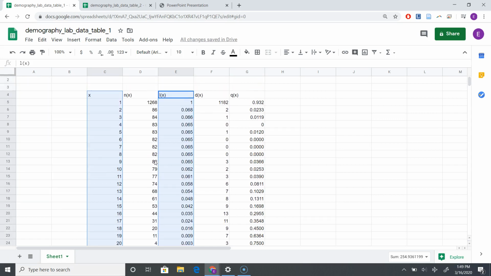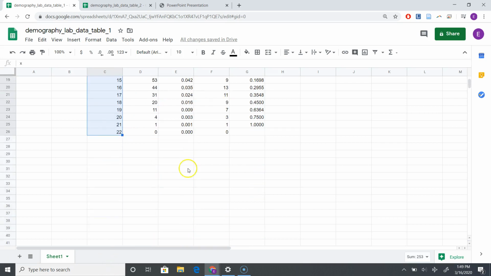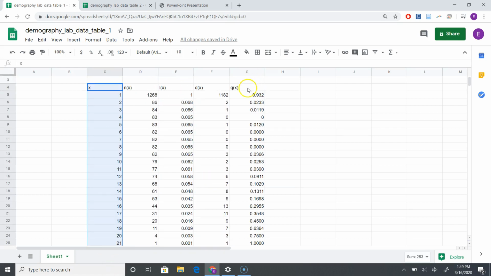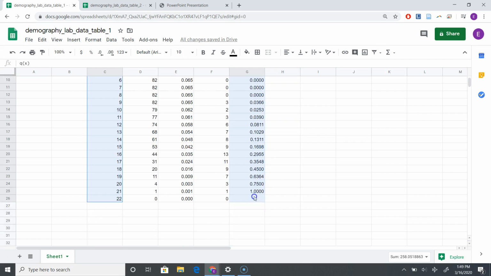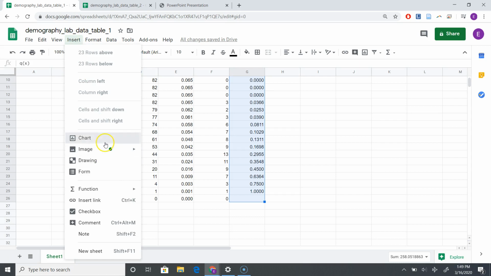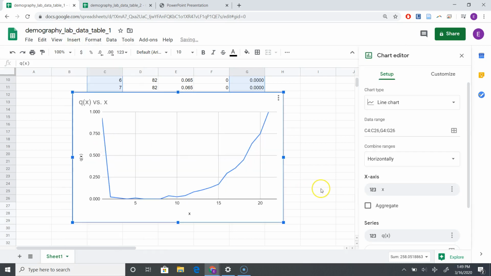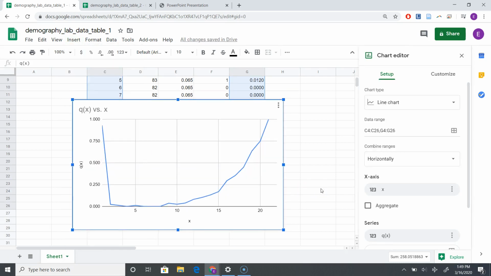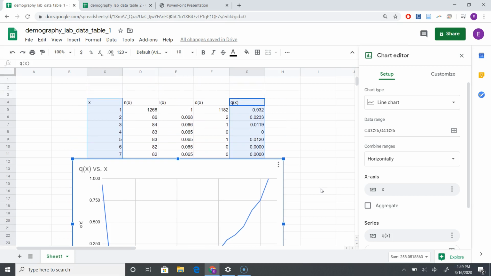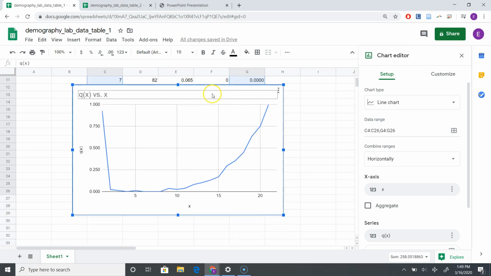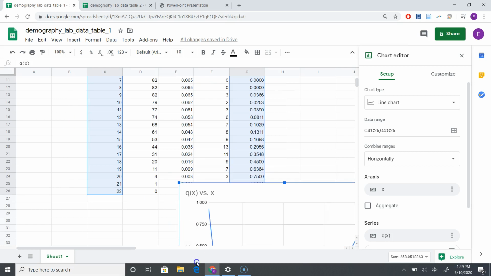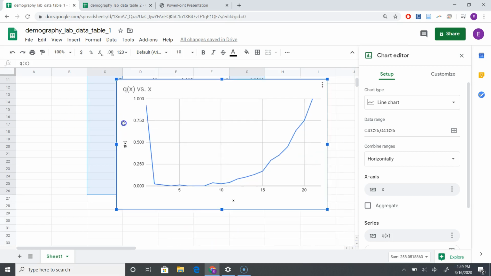All right, let's plot our age-specific mortality curve. Grab all this data, and then we're going to press Control, grab our Q of X. We're going to go Insert, Chart. Oh, I see.